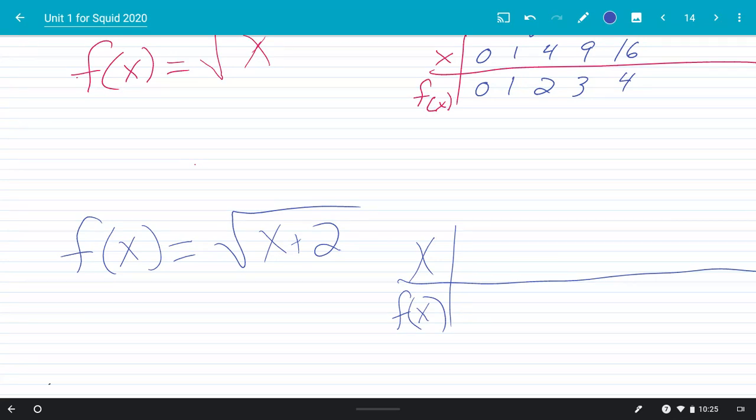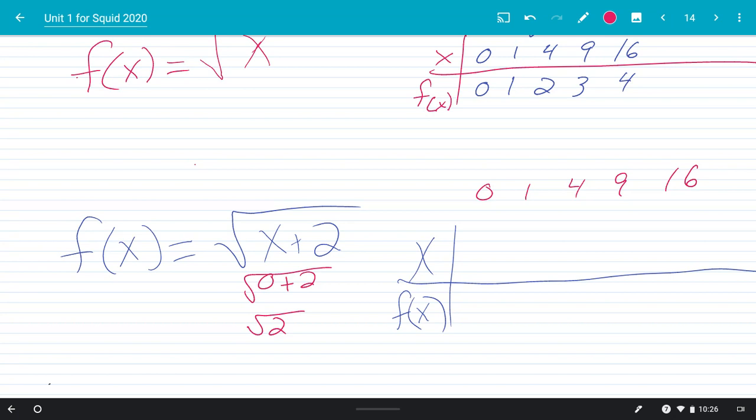Well, I still want to use those perfect squares, but I need to think of them differently. 0, 1, 4, 9, 16. Because now I don't just need those numbers, because watch what happens. If I plug in 0 plus 2, right, what is that? Well, 0 plus 2 is the square root of 2.